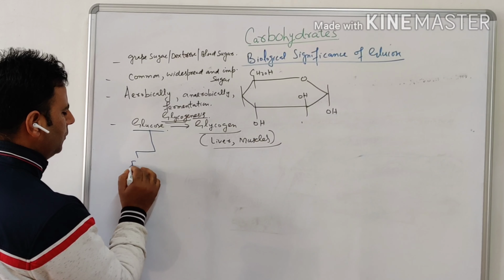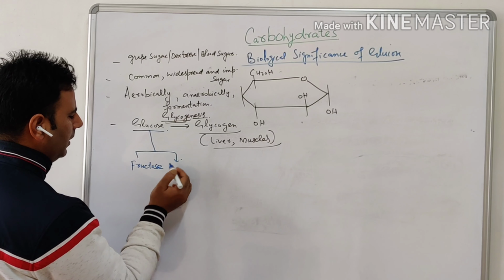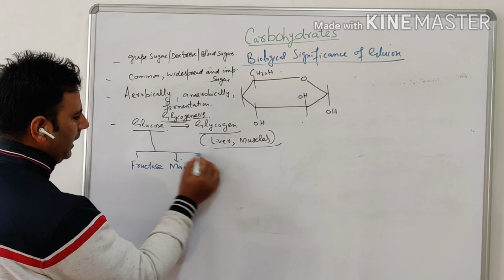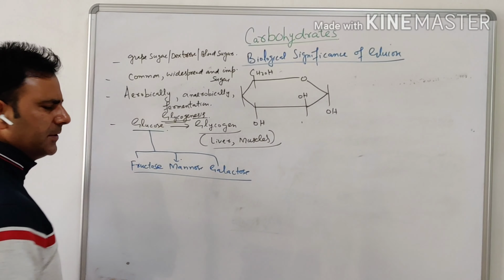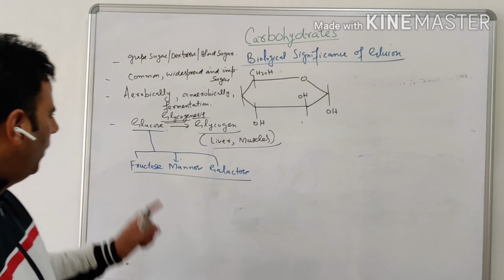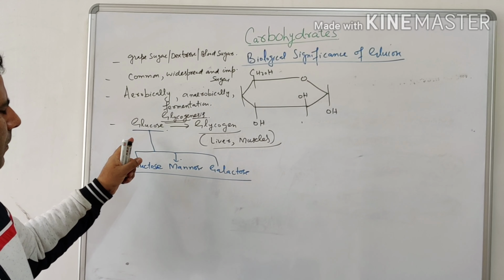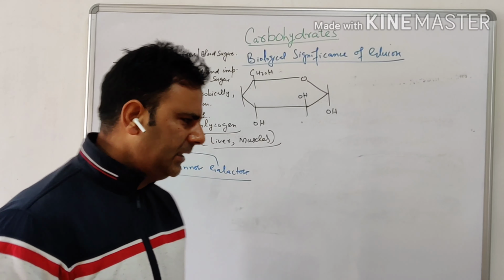We have fructose, a hexose monosaccharide, we have mannose, and we have galactose. All these are monosaccharides. The question is, why is glucose used as the preferred fuel for our body?